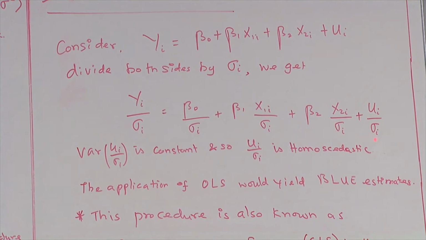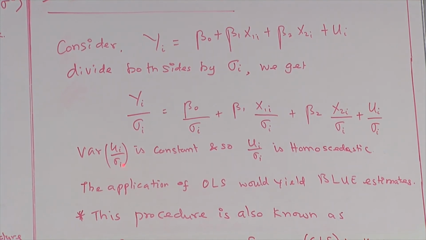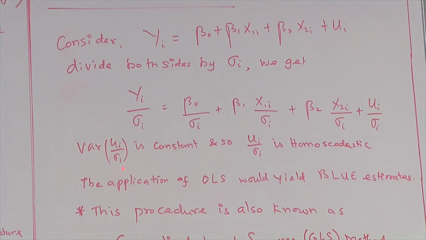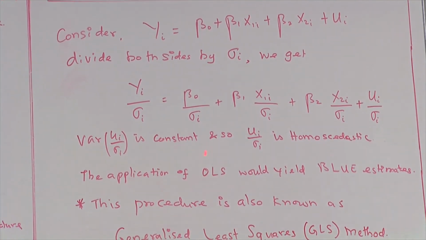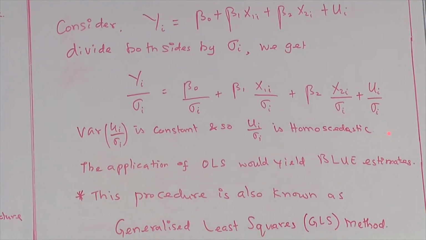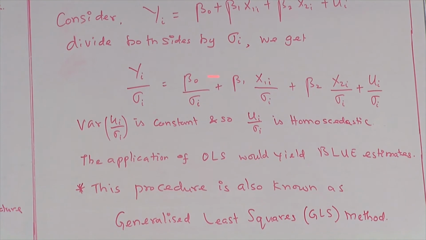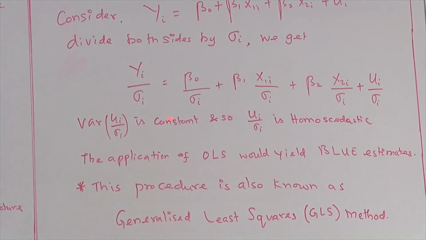is constant. Actually, this is very simple, it is easy to verify it. The variance of u_i by sigma_i is constant, in fact it is 1. So, u_i by sigma_i is homoscedastic, and so this regression does not have the problem of heteroscedasticity.